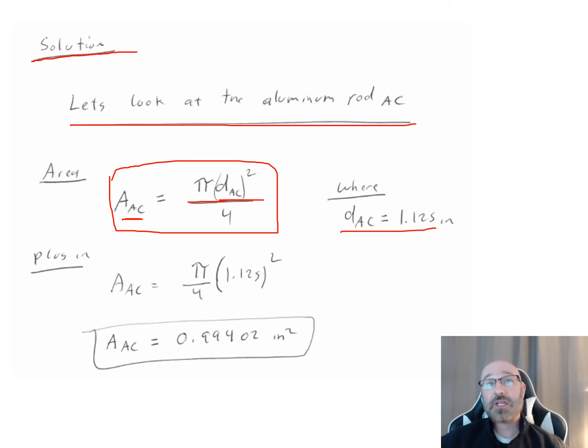My diameter of AC, I can go back to my setup page and look that up, and that is 1.125 or 1 1/8 inches. I plug that over here for my diameter of AC of 1.125. Multiply this by pi over 4 when we square it, and we end up with, when we do that out there, AAC is equal to 0.99402 in units of inches squared.